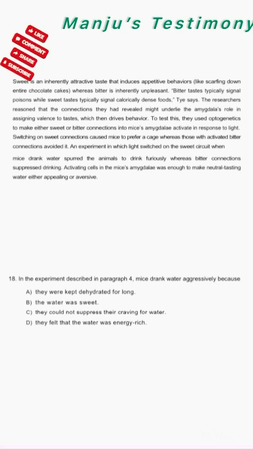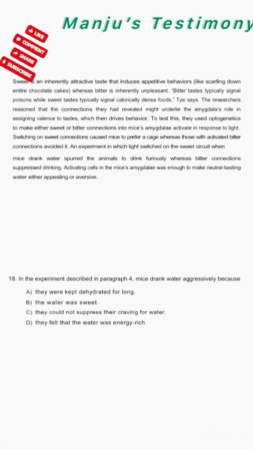So from all this research, they concluded that activating cells in the mice amygdala is enough to make neutral tasting water, which was not actually sweet or bitter, either appealing or aversive. So they concluded that the amygdala has a role in assigning valence to taste.